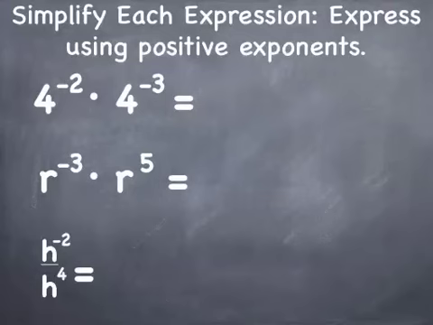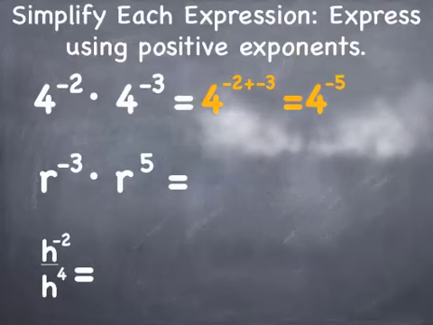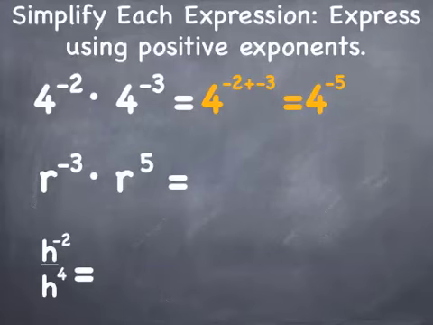So I need to go ahead and add the exponents, which would be 4 to the negative second plus negative 3. Negative 2 plus negative 3 is negative 5, so I could write it as 4 to the negative fifth. But it asked me to express using positive exponents, so to write 4 to the negative fifth using a positive exponent, I'm going to write it as 1 over 4 to the positive fifth.